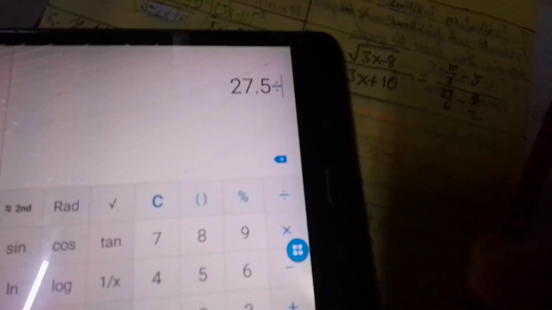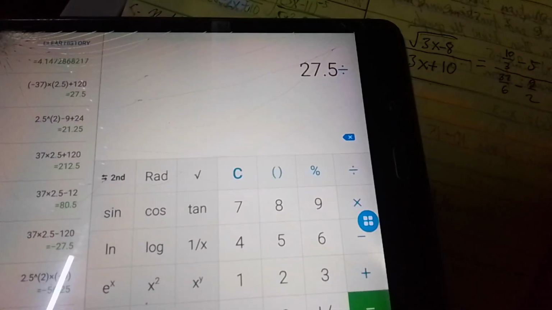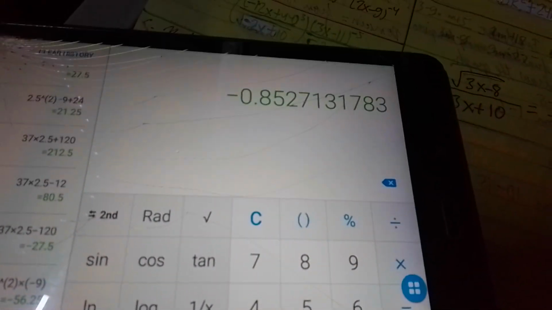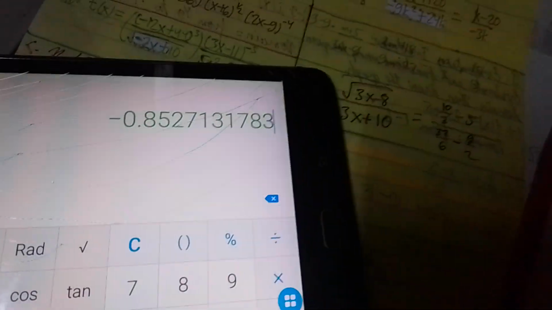So 27.5, remove this negative, divide by 32.25. We should get this very strange answer, and it's supposed to be negative 0.85.